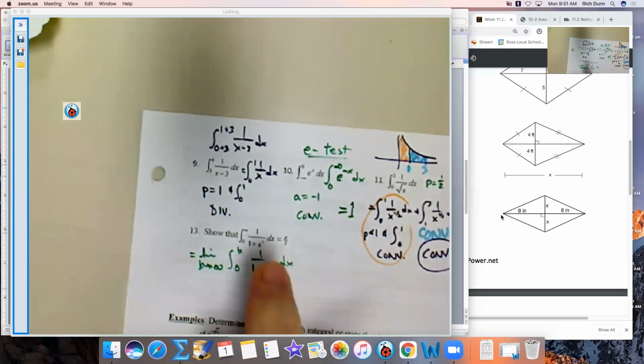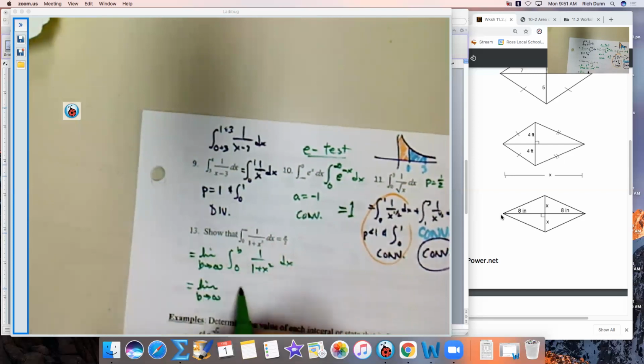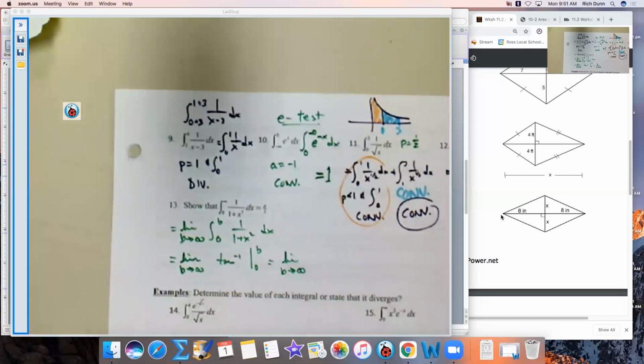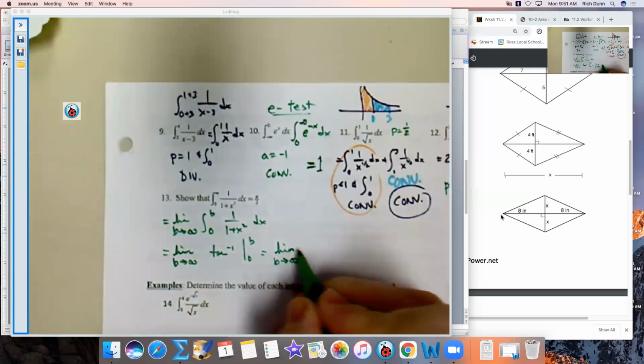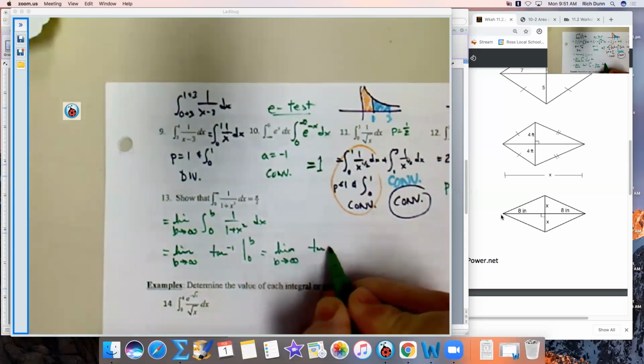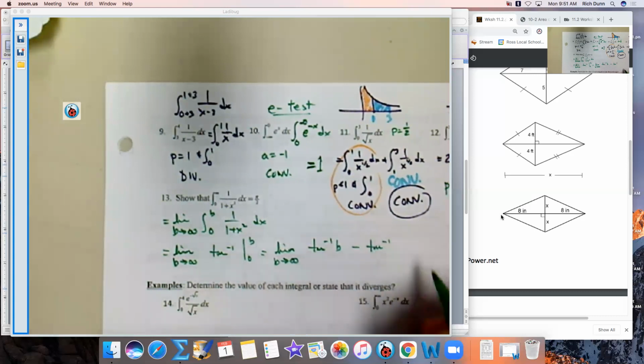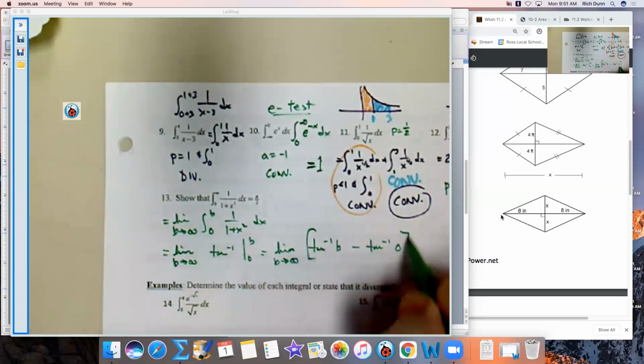You should recognize that this is an inverse tangent antiderivative. We'll evaluate this from 0 to b, which means the limit as b goes to infinity. Yes, I still need to write that, since I haven't evaluated the limit yet, even though I'm putting in the b here, minus the inverse tangent of 0.